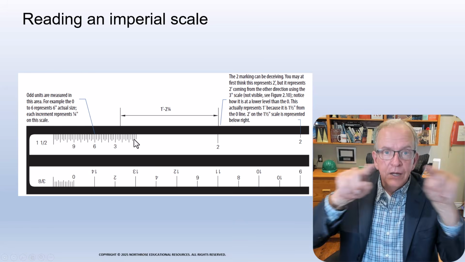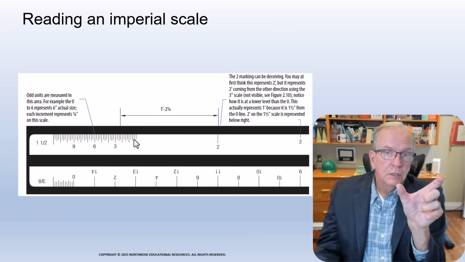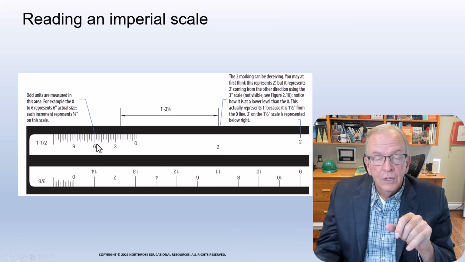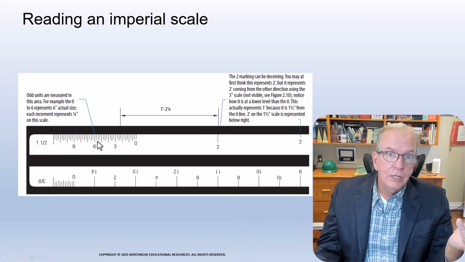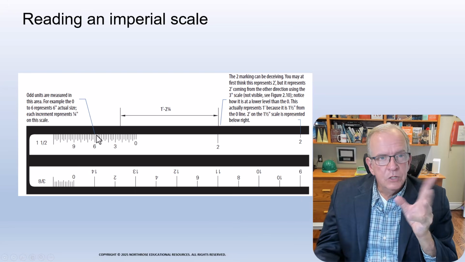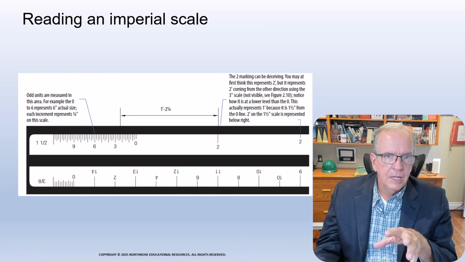So if I've got a line on my drawing that is basically 3 inches long, then using a 1.5 inch scale, that would represent 2 feet in real life. That's how it works, okay? It's not as intuitive as the metric scales are.